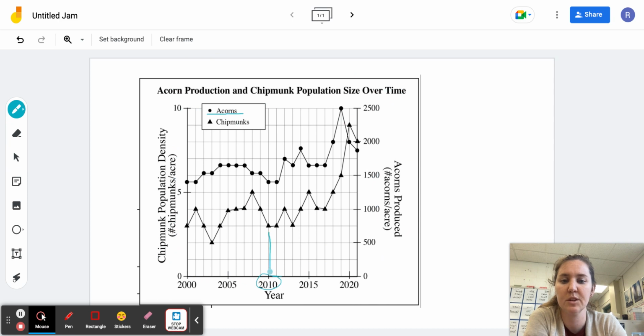So we got to go from the year 2010 up. Okay, so we're right here. And since it's asking us about acorns, that means we need to use this side, since this one is acorns produced. So if we go over from there, looks like about 1,400, maybe 1,450 acorns were produced in 2010.